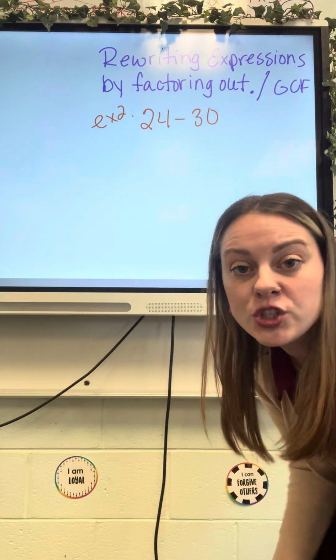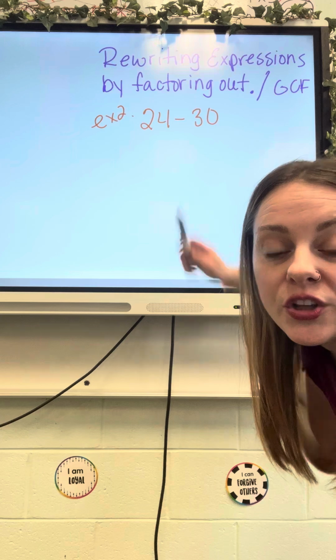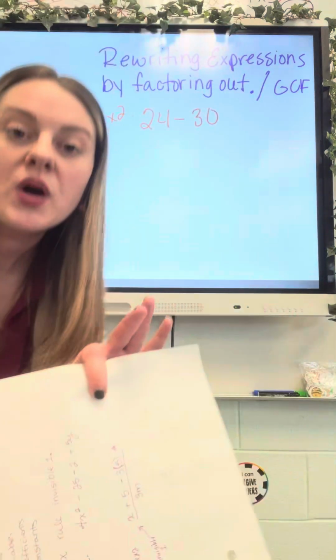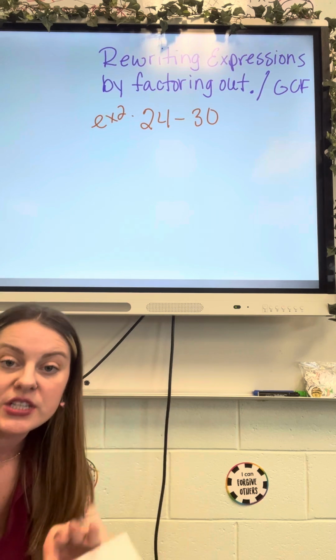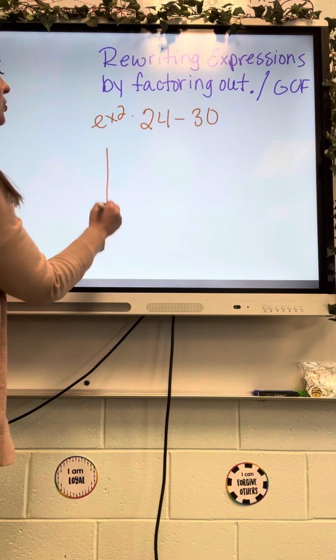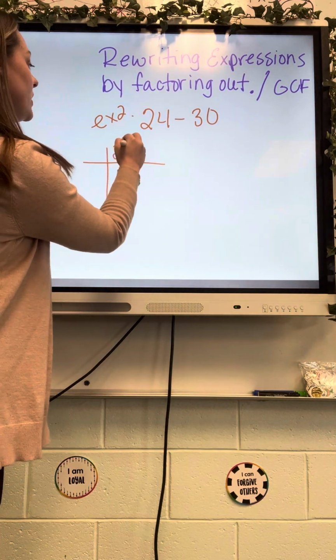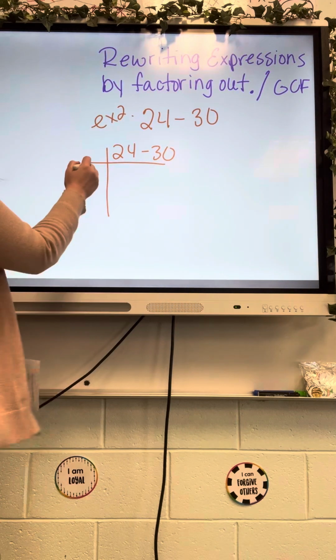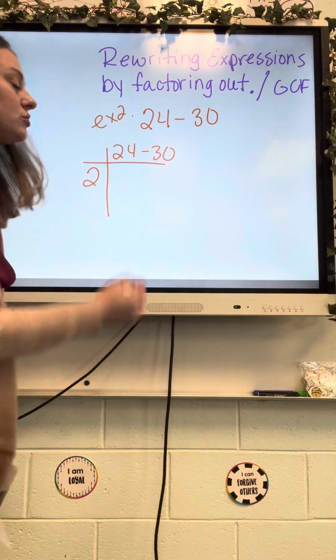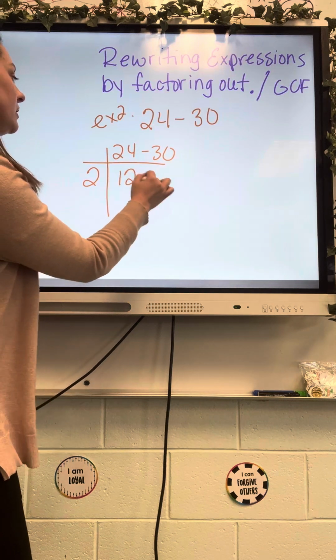Okay, example 2, 24 minus 30. So for this one, we're first going to just factor out anything. I'm going to show you the 2 different numbers you can factor out. So 24 minus 30, okay? I could take out a 2. So 2 times what is 24? 12.